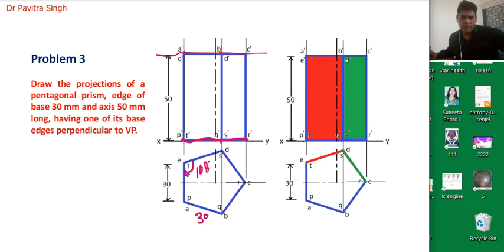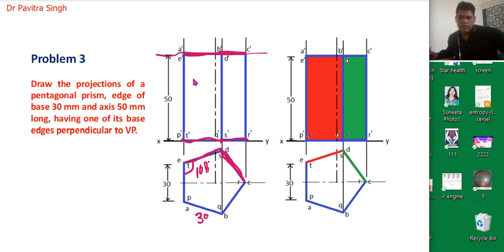From point E, this will be E dash. So this is actually the front view of this top surface, and we can see this surface and this surface from the front.